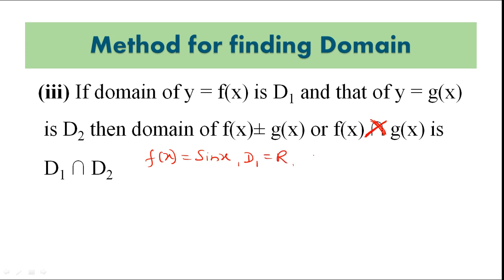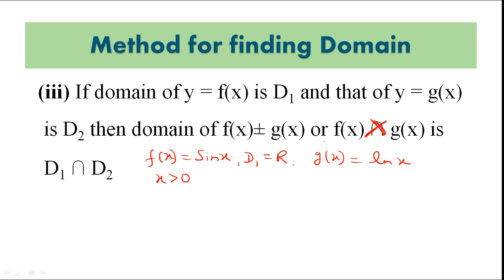Now let me take g of x is equal to ln x, okay, then obviously x should be greater than 0. Why? Because logarithm is not defined for negative numbers, okay.